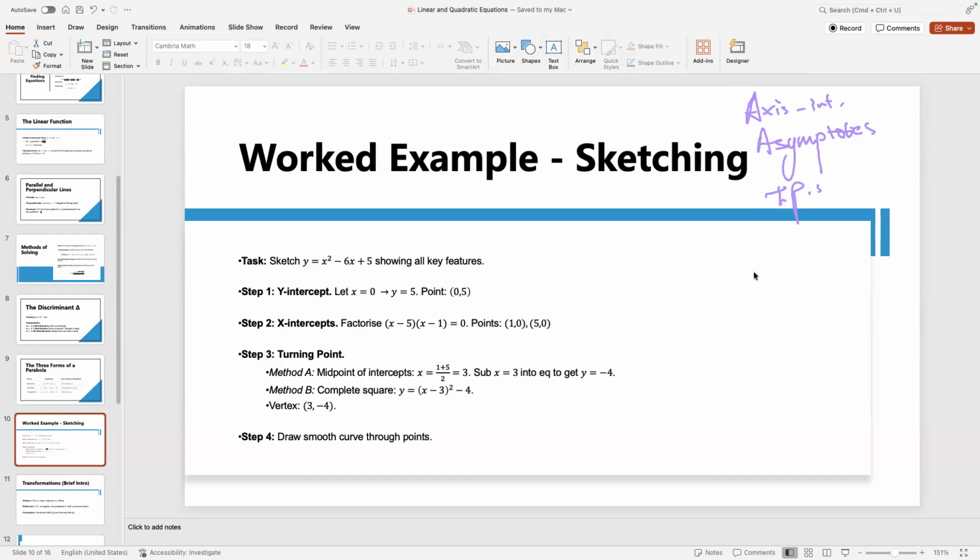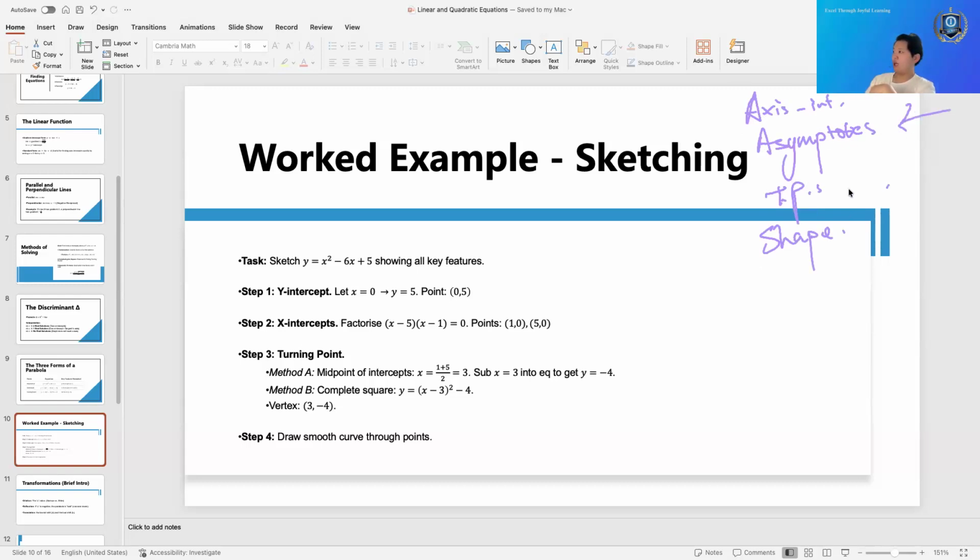And then last is just your general shape. So when the examiner takes a look at your graph, that's what they're going to look for. All your axis intercepts must be labeled, all your asymptotes must be labeled, any turning points must also be labeled, and last of all, the general shape of your graph. These are the 4 points that they will look at. Of course, you need to label your axes well, but that's default, right?